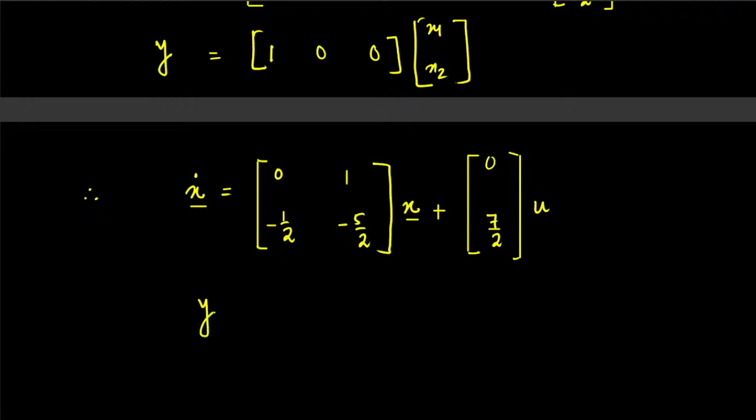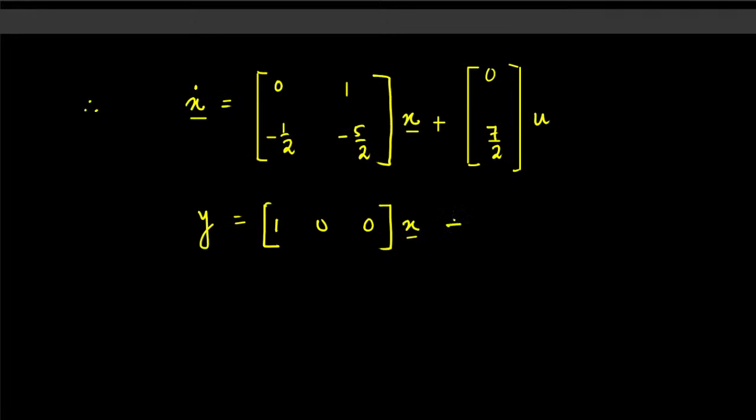And the output is y equal to 1, 0 times x. And of course, you could write plus 0 u to make sure that this is in the standard form. So this is the total state space model.